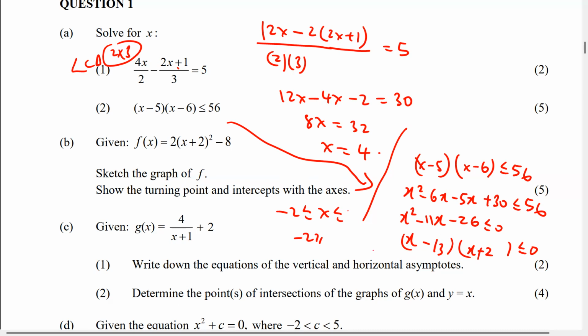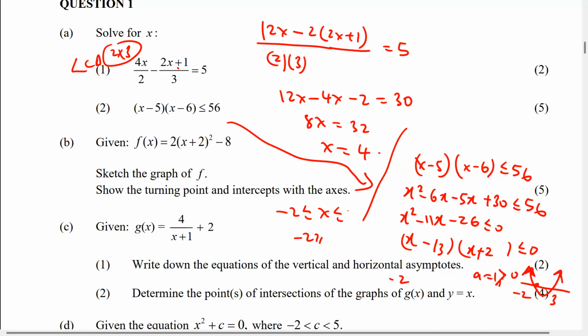At this point, because the coefficient of x squared is 1, and 1 is bigger than 0, it's going to have a minimum vertex. And then it's going to have minus 2, then 13. So you shade there, and what are the answers?